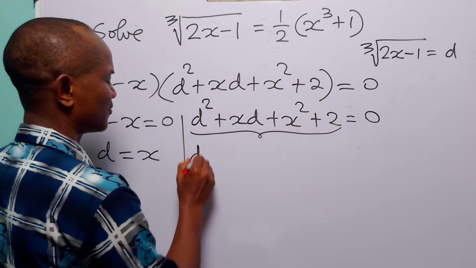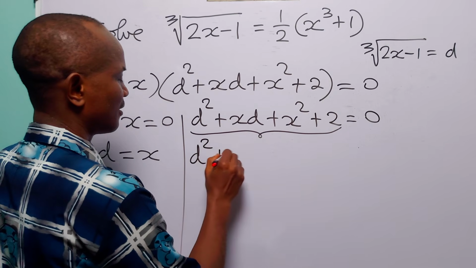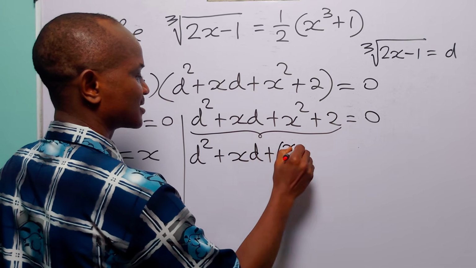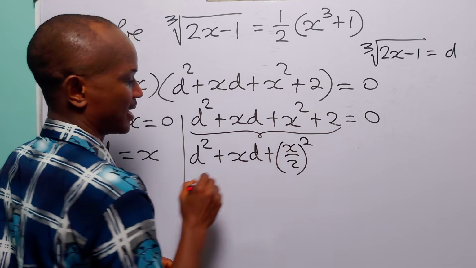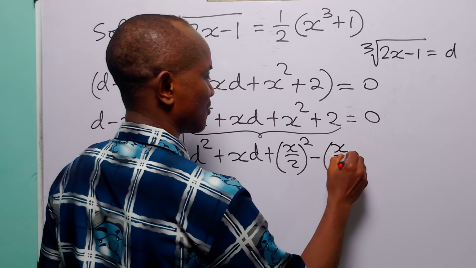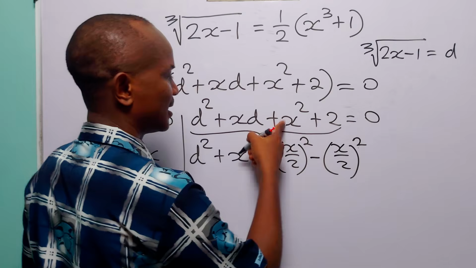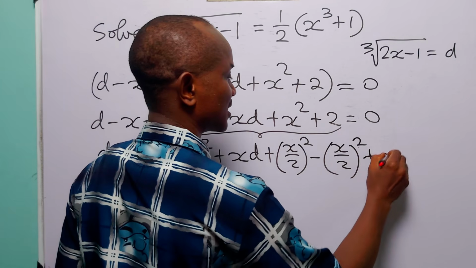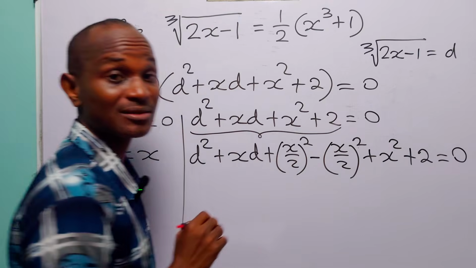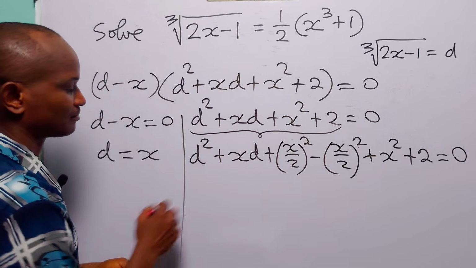When we do that, we have d squared plus xd plus x over 2 squared and minus x over 2 squared. Then we have plus x squared plus 2, and of course this is still equal to 0.